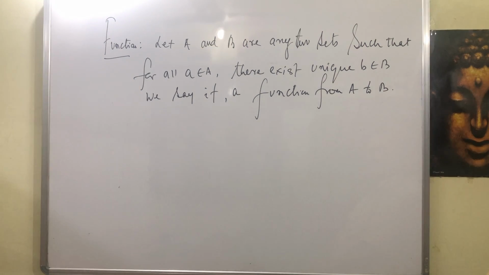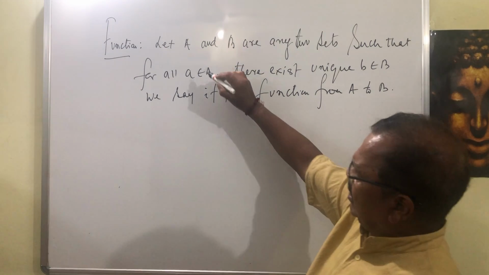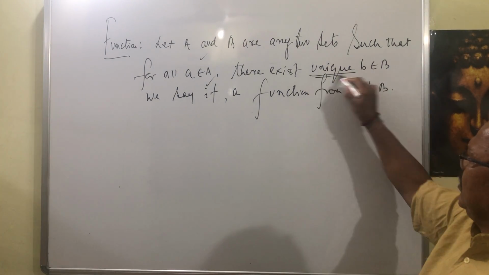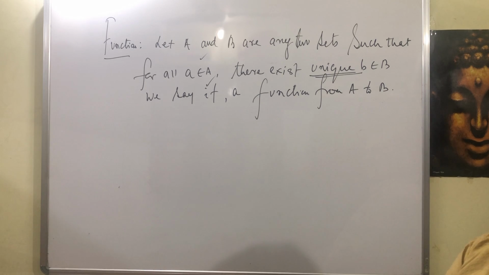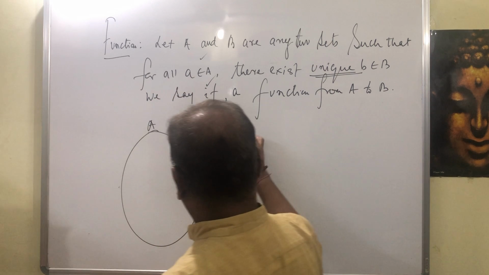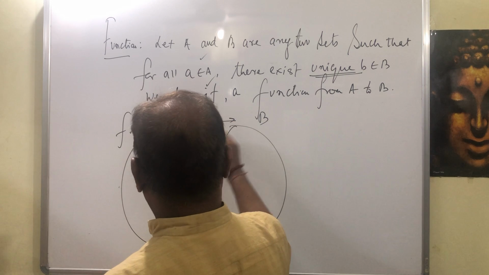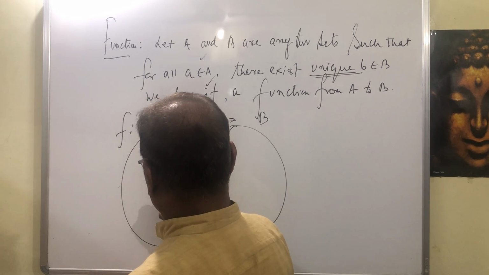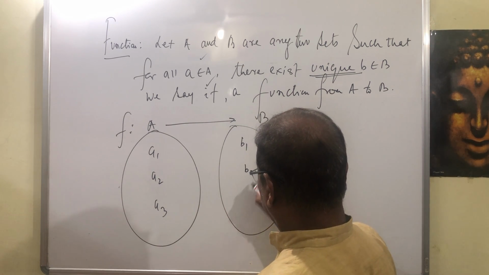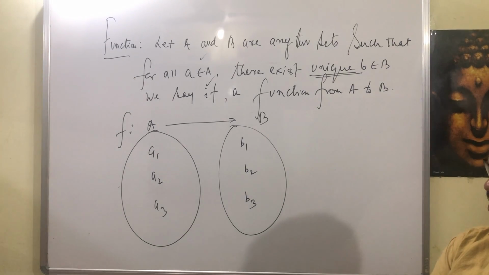That means all elements of set A are having their images, and that image is unique. This is very important. Now let us see this through a pictorial diagram. Let us take one set A, another set B. Now f is a function from A to B. This is A1, A2, A3, and B1, B2, B3. I am taking the previous picture as the previous example for pictorial notation.